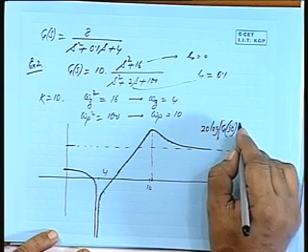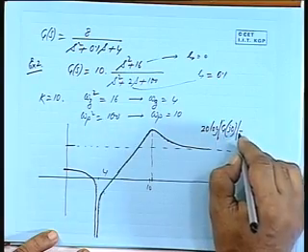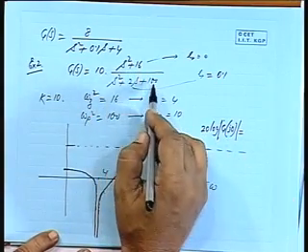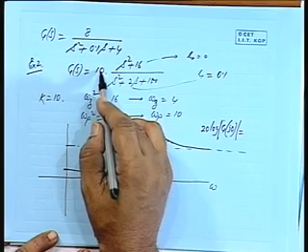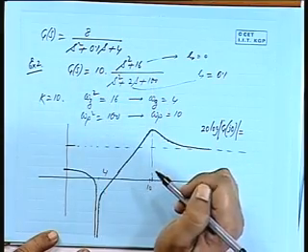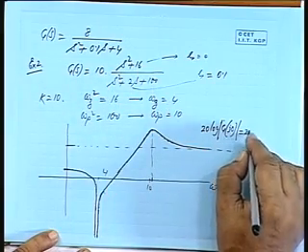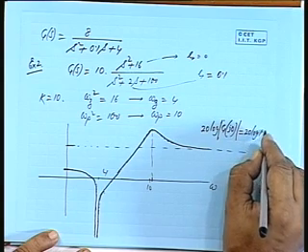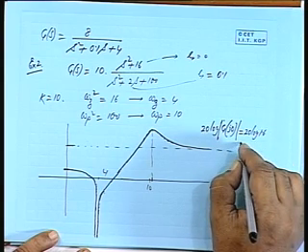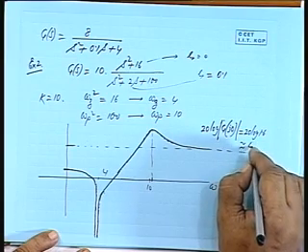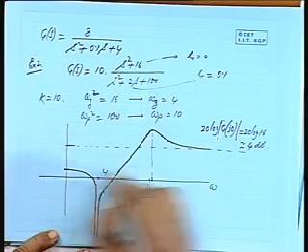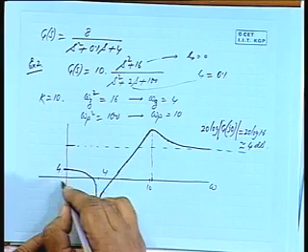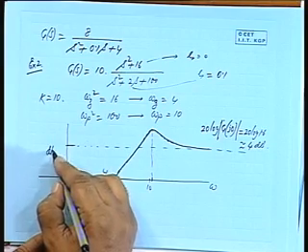So G(j0), we call it the DC gain, is 16 by 100 multiplied by 10. So 1.6, 20 log 1.6, that is approximately 4 dB. So this is 4, all right.